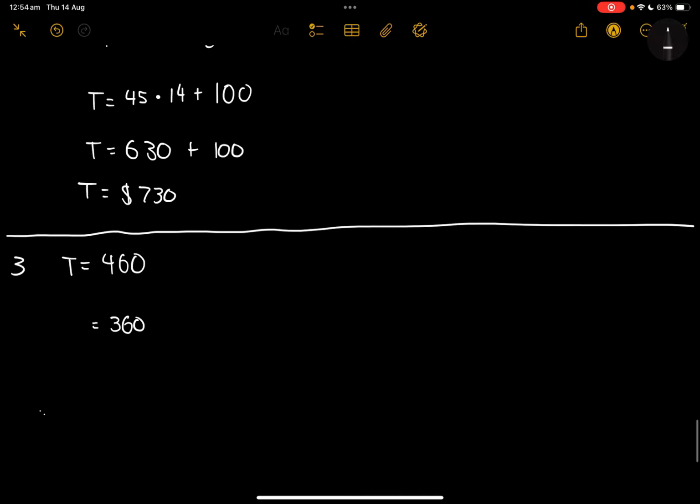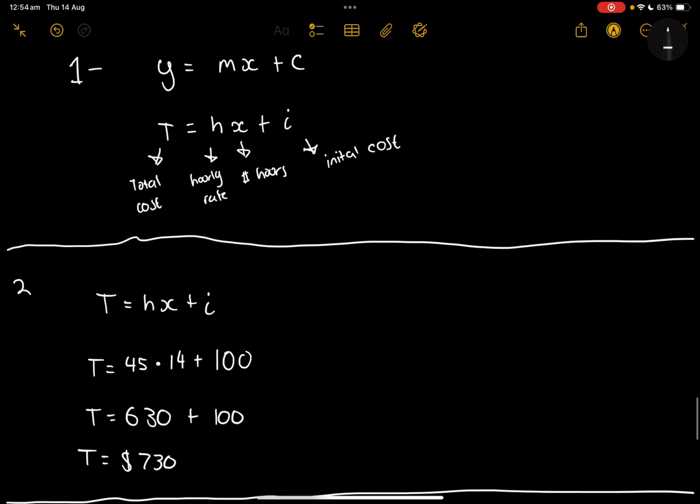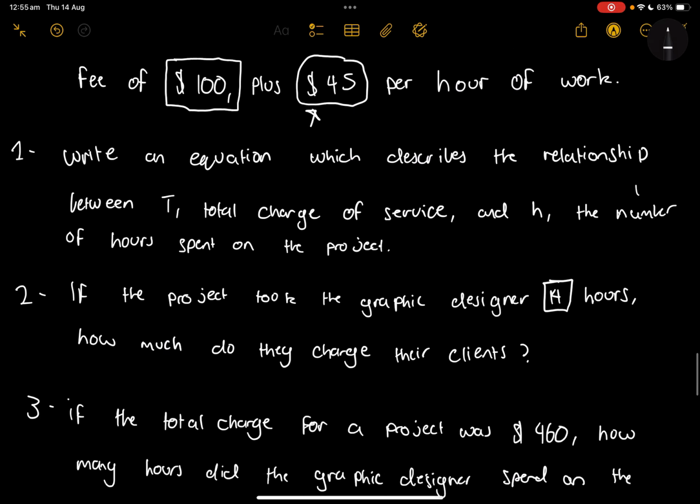And then your next step, since you're trying to figure out how many hours you do it for, will be to divide it by your hourly rate, $45.